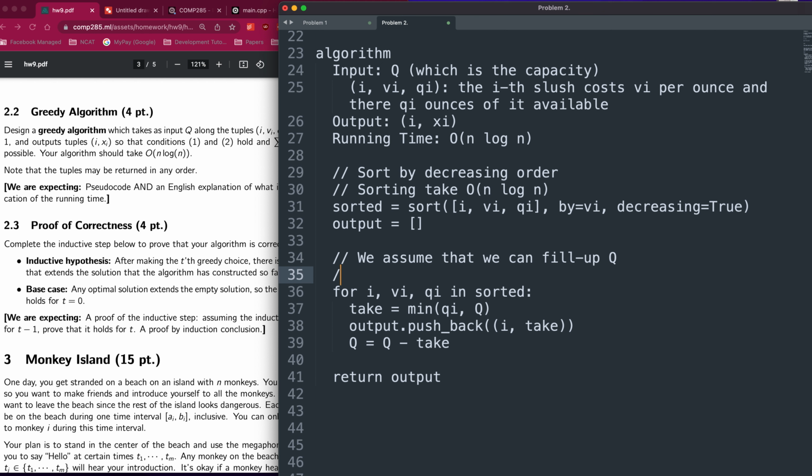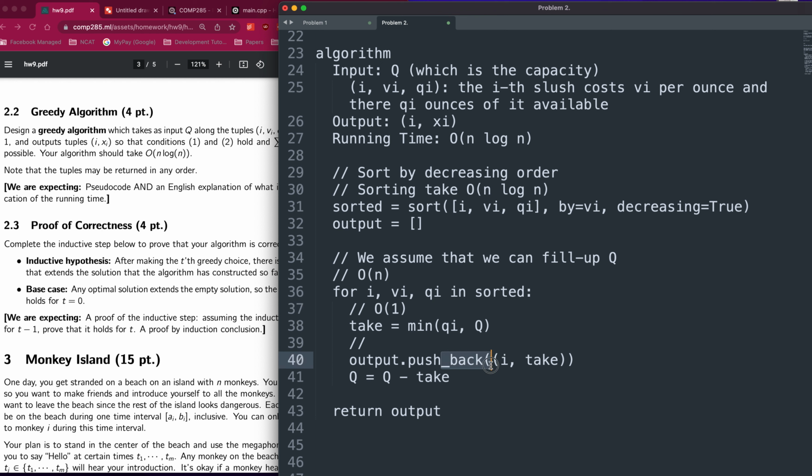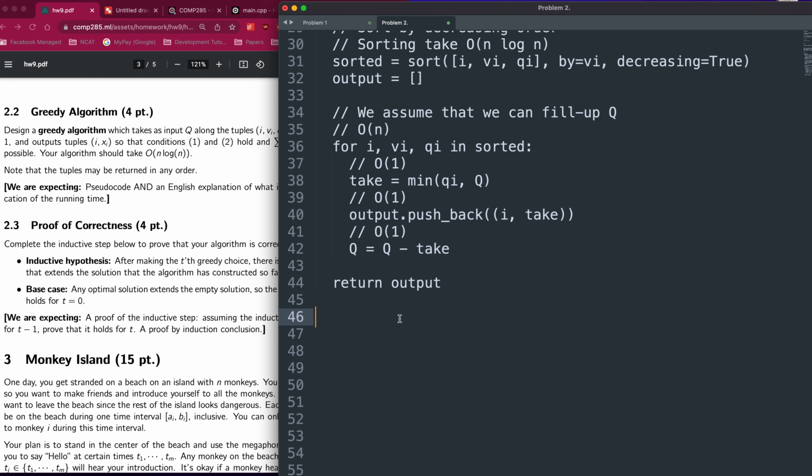And then this for loop is just going to be O of n, because we're just iterating over our elements. For each element, we're taking a minimum of 2 numbers, which is O of 1, and then pushing back into a vector, which is O of 1, and then subtracting a number, which is also O of 1. So the total running time is dominated by the sorting at the beginning, which gives you big O of n log n.